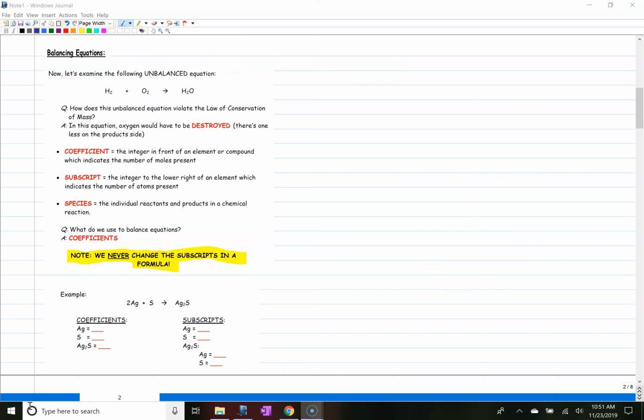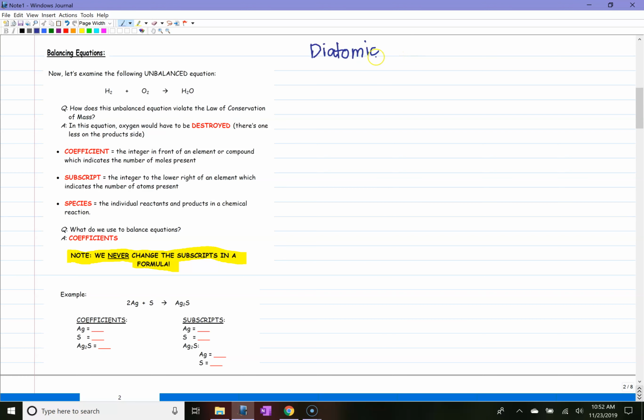So if we look at the equation, H2O2 produces H2O. Remember, hydrogen and oxygen are diatomic elements. And the diatomic elements are the elements that are so reactive that they're never going to be by themselves. So if you write a single element, you're always going to have to ask yourself, is it a diatomic?